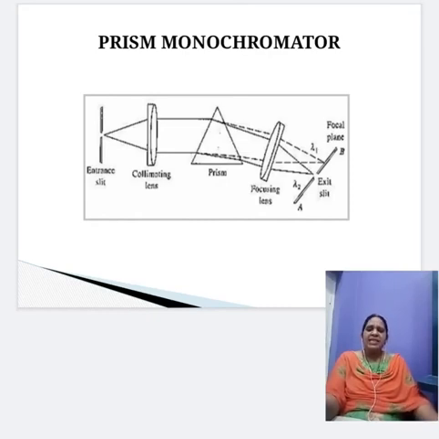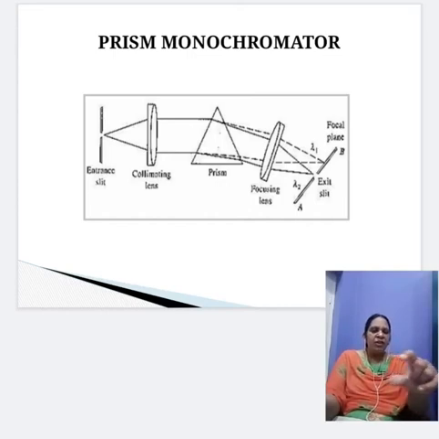The lens renders the light parallel. See there, the light is entering from the entrance slit and falling on the collimating lens. What does the collimating lens do? It is making your rays come parallel. And this parallel ray is falling on the dispersive element.